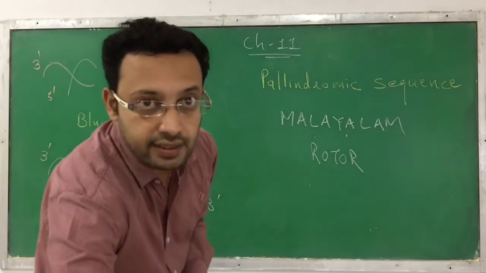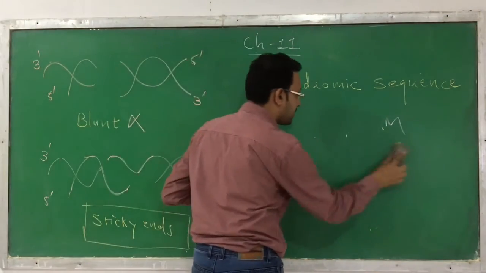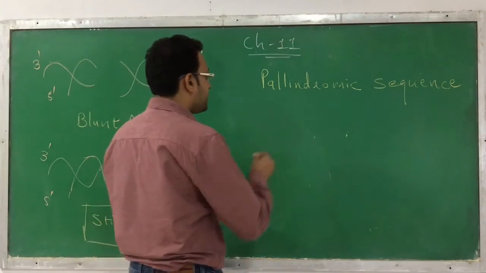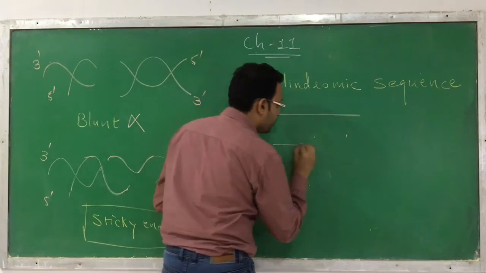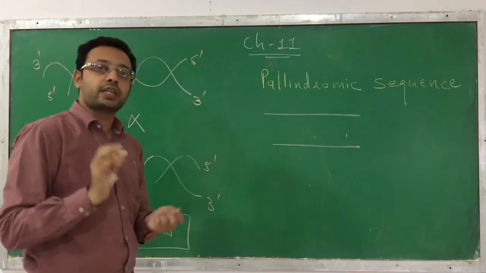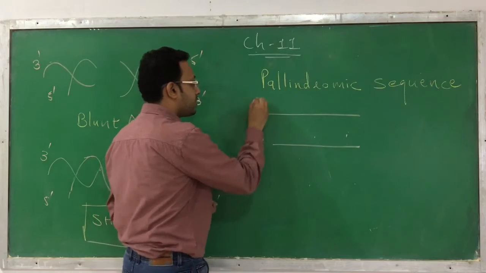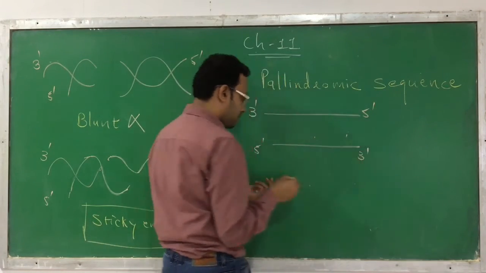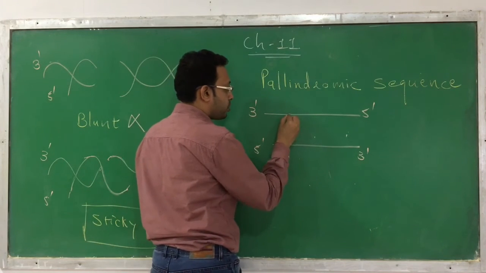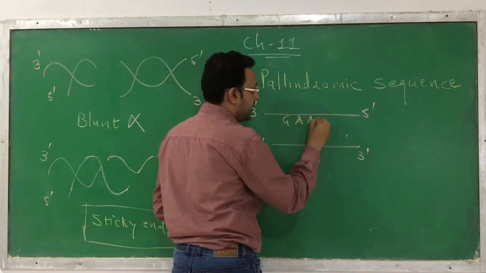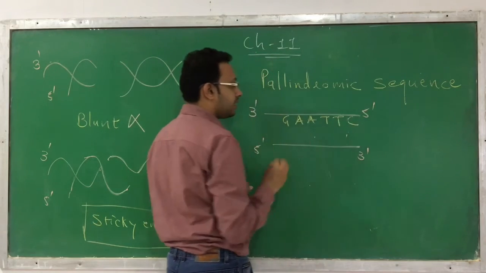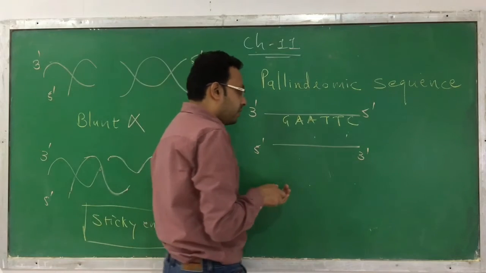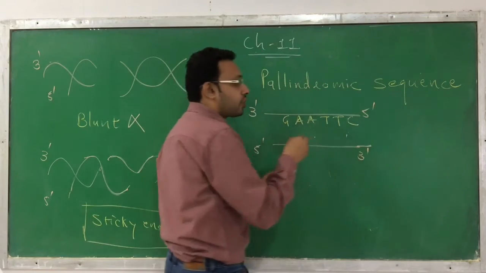So let's see in terms of DNA what a palindromic sequence is. I am just giving you one example, but there are many possibilities. For easiness, I am drawing just two chains like this, so you can easily recognize. Here this chain is running from 3' to 5'. The other one is running from 5' to 3'. So what is the palindromic sequence? I am showing you G, A, T, T, C. Suppose this is a sequence which exists on the 3' to 5' chain. Now you can also write the complementary base pairs.